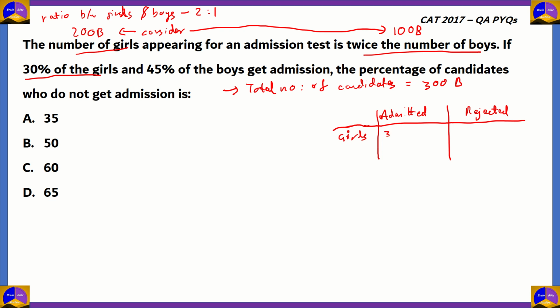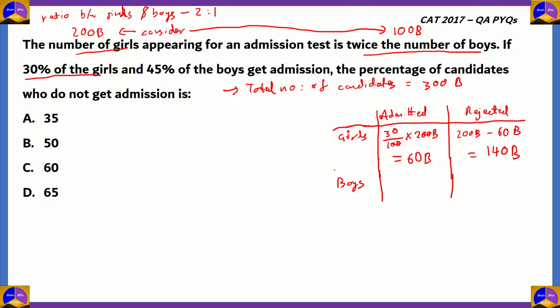So therefore, the admitted girls, their number would be 30 over 100, which is the percentage, times the total, which is 200B. Now therefore, that would give you 30 times 2, which would be 60B. So 60B girls are admitted to the institution. Therefore, if you look at rejected, then that would be 200B minus 60B, which is equal to 140B.